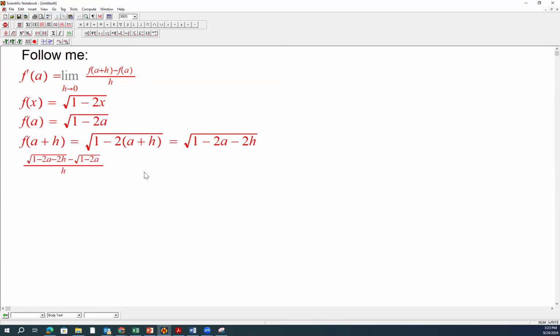When I apply the formula, I want it to be very explicit, because I knew I'm going to come back to check my work. So now I will be thinking, if I take limit as h approaching 0, can I directly substitute? The answer is no, because you're going to have to produce a 0 denominator. So we're going to have to do something about it, right? We have to do something about it.